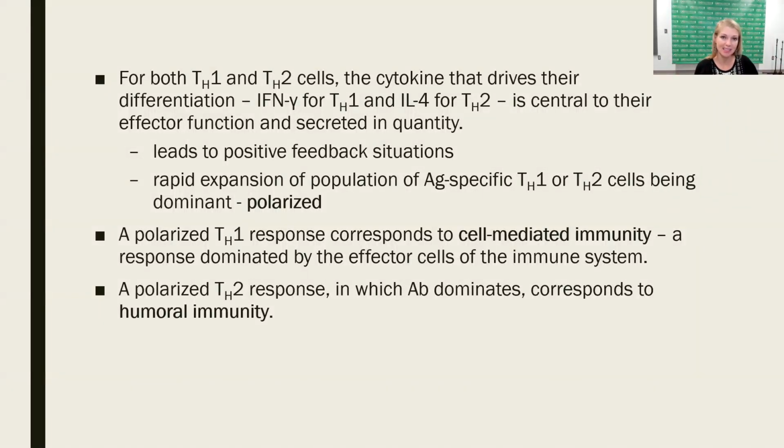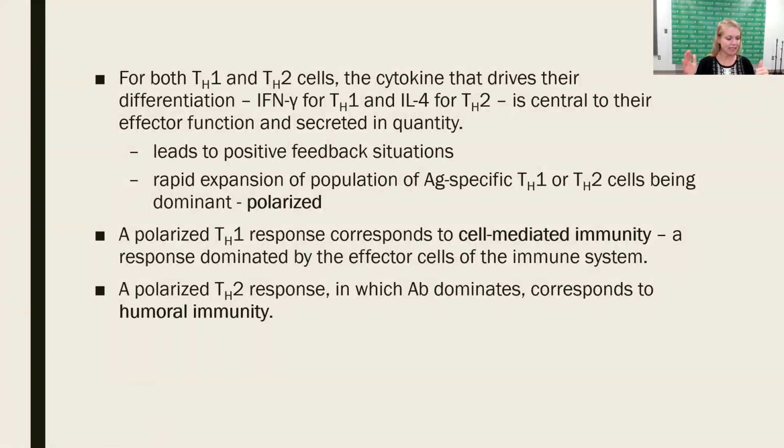And so you get a positive feedback situation. The more interferon gamma is going to drive more T helper 1, which will produce more interferon gamma, and so on and so on. And so we call this polarized. I used that word a few slides back, but you can have a T helper 1 polarized situation or a T helper 2 polarized situation.